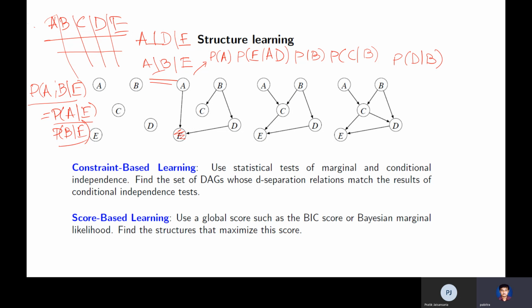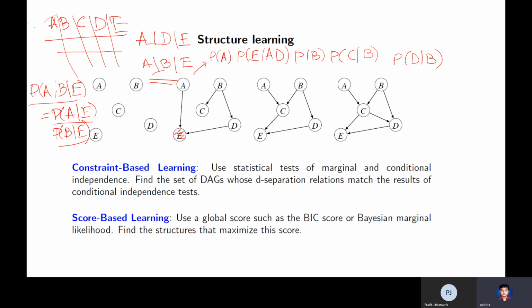It's not sufficient to hold just for a single combination of values of A and B. It must hold for all possible combinations of values of A and B. Then you can do a statistical test. They will not be exactly equal because it's a training set after all, but you can still do a statistical test and see whether it holds or not. So this is called constraint based learning.